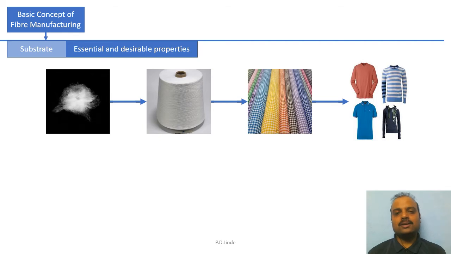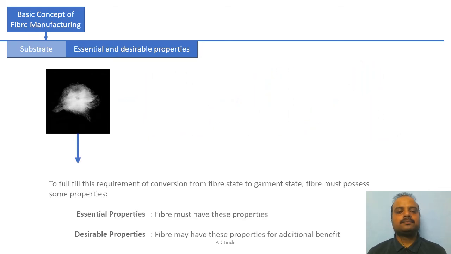Like cohesivity, there are several essential properties and several desirable properties a fiber must have. Then and only then do we call this fiber a textile grade fiber. To fulfill the requirement of conversion from the fiber stage to the garment stage, fiber must possess some properties.